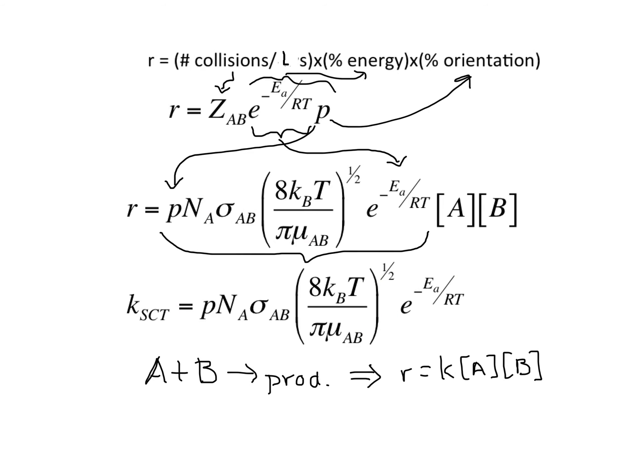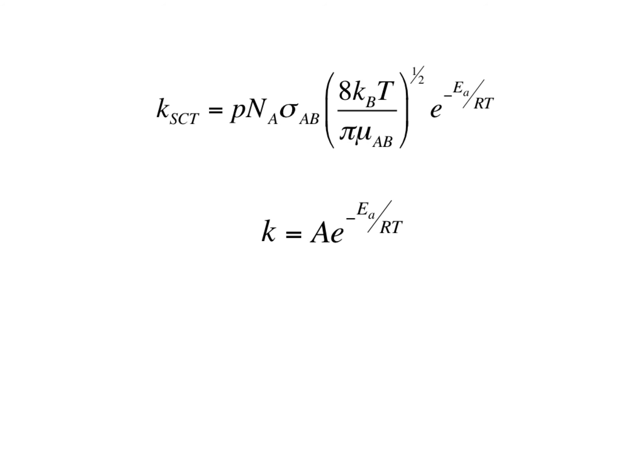So far, so good. The rate of reaction using this simple theory reproduces the concentration dependence of the empirical rate law. What about the temperature dependence? The empirically determined temperature dependence, or the Arrhenius rate law, tells us that the rate constant is proportional to e to the minus activation energy divided by RT.